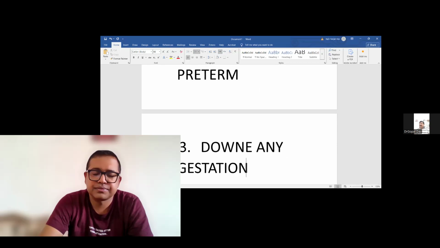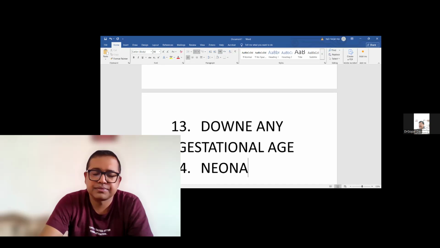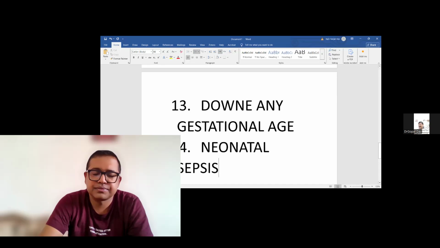Regarding neonatal sepsis, there is early onset and late onset neonatal sepsis. Early onset means it occurs within 72 hours, and late onset is more than 72 hours. Causative organisms for early onset are group B Streptococcus and E. coli, and in India, Klebsiella is most common.